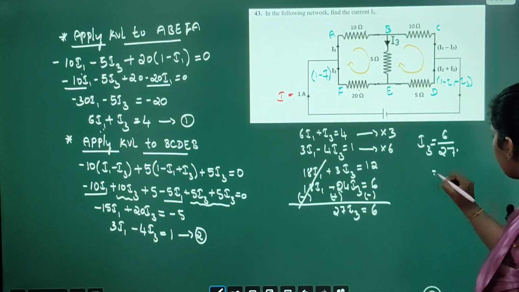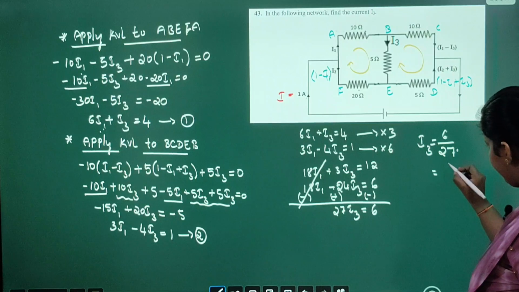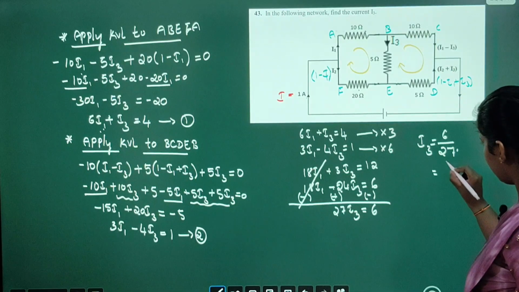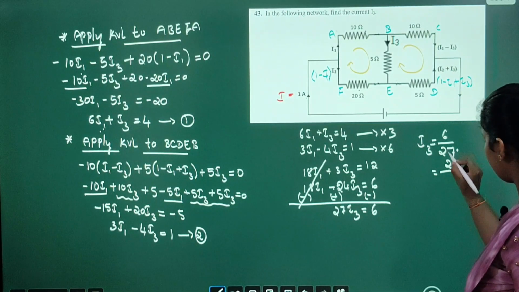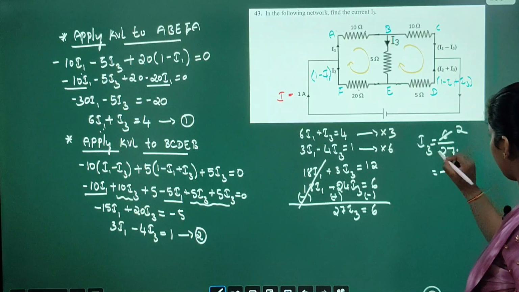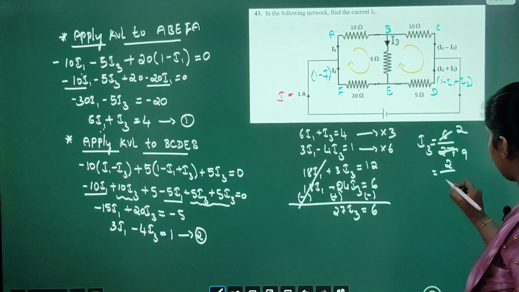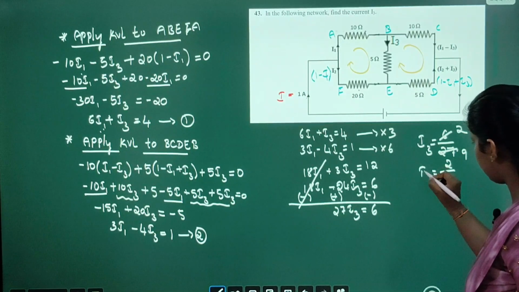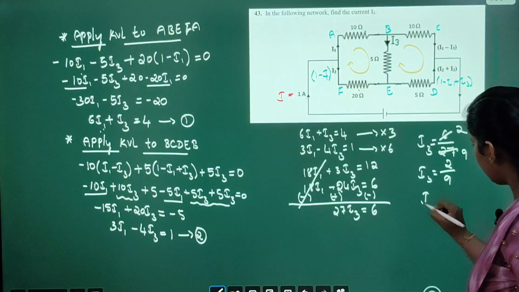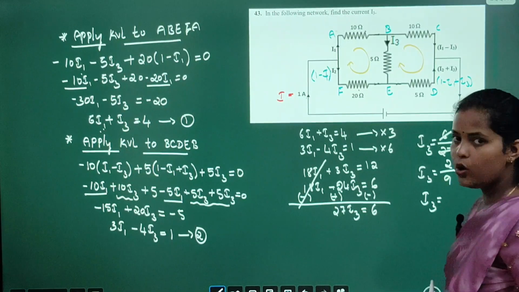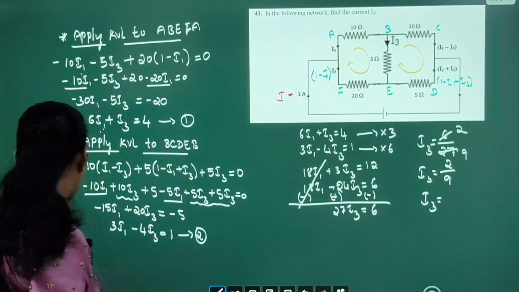3 2s are 6, and 3 9s are 27. So I3 is equal to 2 upon 9. What is 2 upon 9?